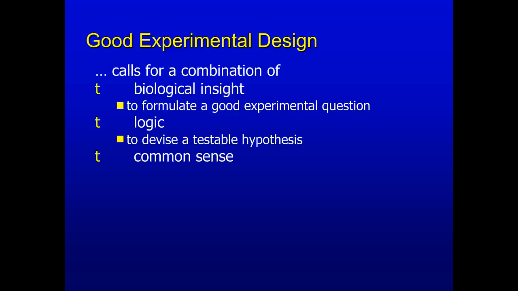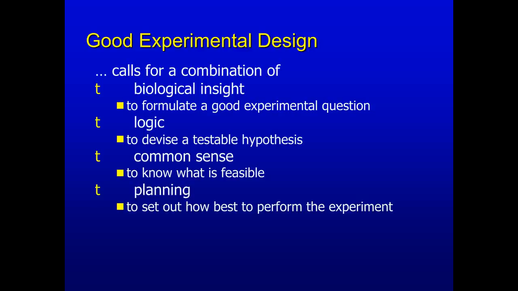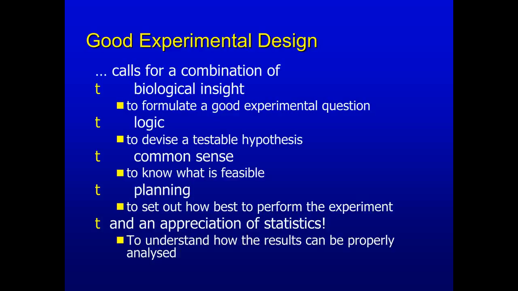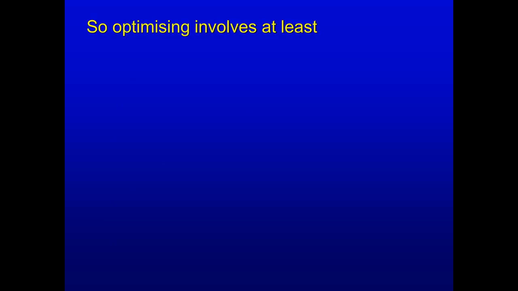But also an element of common sense to realize what you can do in the time or with the other constraints, and to plan accordingly. And right at the end of this comes the appreciation of statistics, because at the back of your mind you have to know how the results can be properly analysed. But in a way, the statistics comes last and the biology comes first.